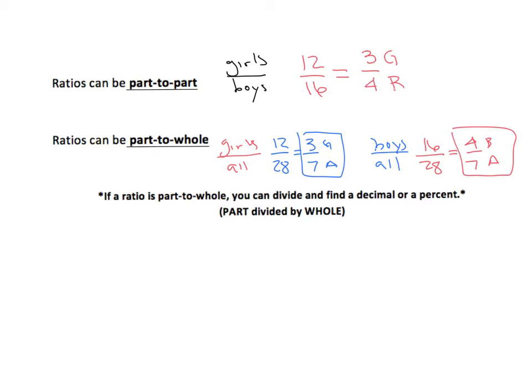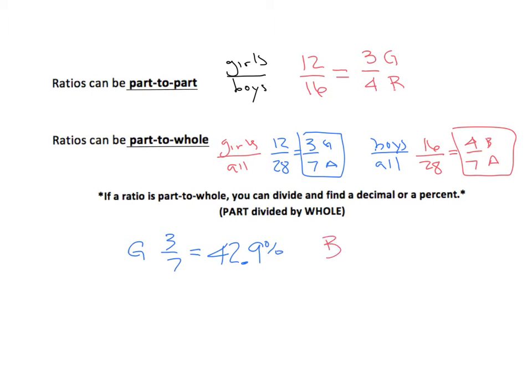Okay? If a ratio is part to whole, then you can actually divide and find a decimal or a percent. That would be the part divided by the whole. So if we analyze the girls first, you have 3 over 7, which was the simplest form, and you put that in your calculator, 3 divided by 7, and you move the decimal over 2 places, you get 42.9%.